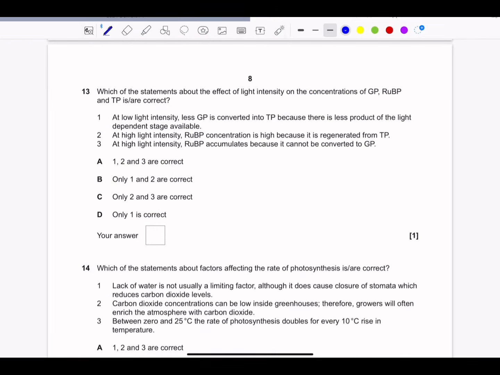Question 13 is which statement about the effect of light intensity on the concentrations of GP, RuBP, and TP is or are correct? Statement 1 is at low light intensities, less GP is converted to TP because there are fewer products of the light-dependent stage available. Yes, that is true, because we need products of the light-dependent stage to convert GP to TP, those products being NADPH and ATP. The second statement is at high light intensity, RuBP concentration is high because it is regenerated from TP.